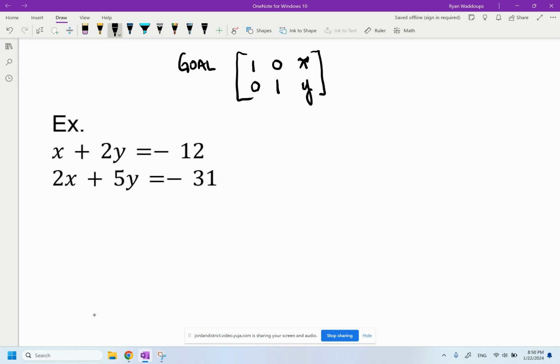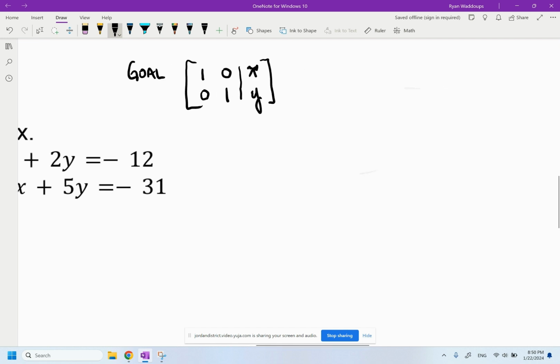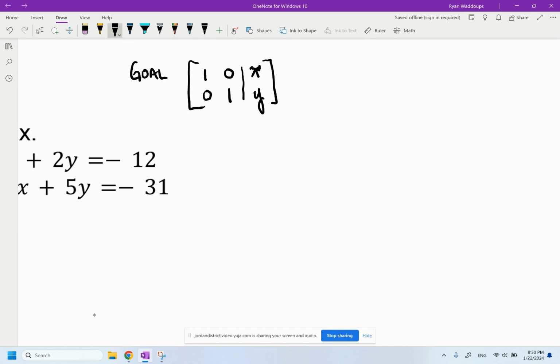By the way, sometimes when you have an augmented matrix, you'll see a line drawn where the equal sign would go. So for this, you can do a number of different things. There are a number of legal operations. You can take the rows and switch them, switch row 1 and row 2.